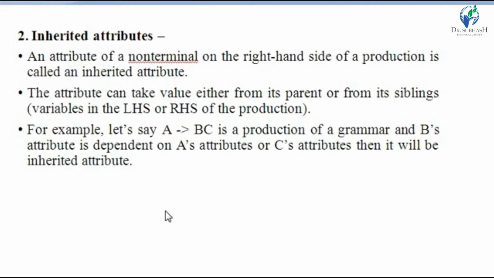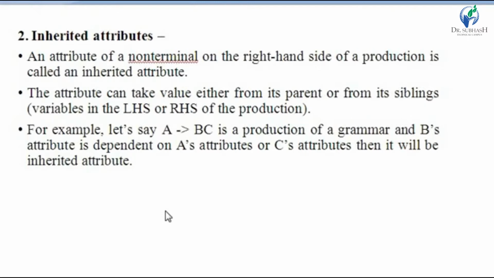Synthesized attributes pass information from bottom to top in the parse tree because they take value from children. Inherited attributes pass information from top to bottom in the parse tree or from left sibling to right sibling. So this is the difference between synthesized attribute and inherited attribute.